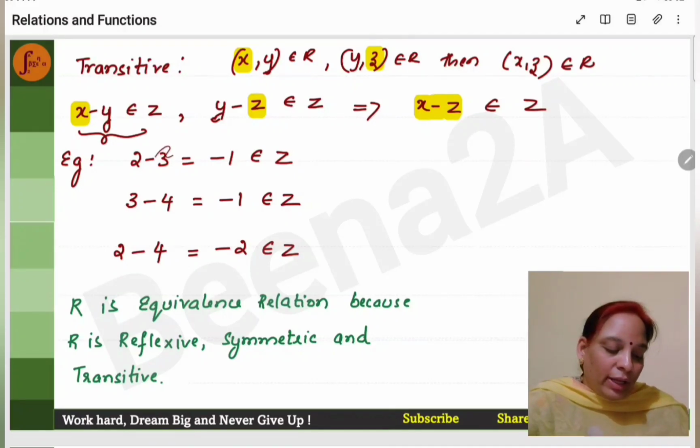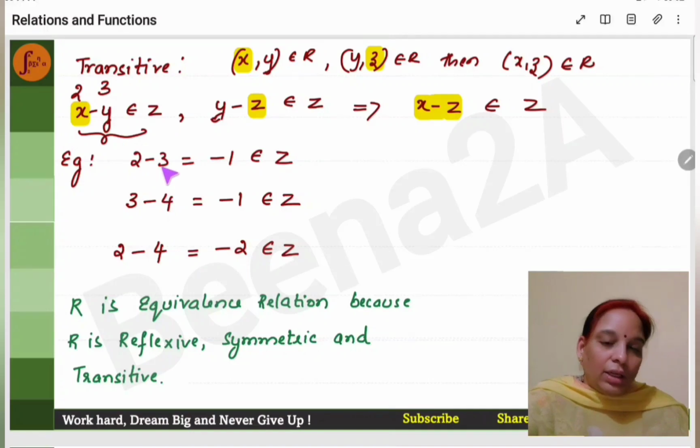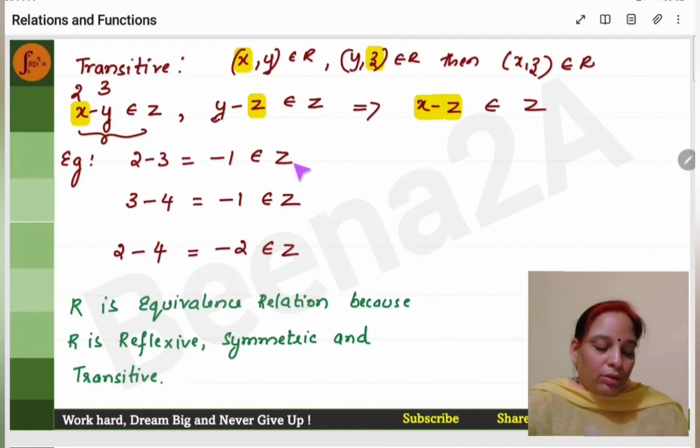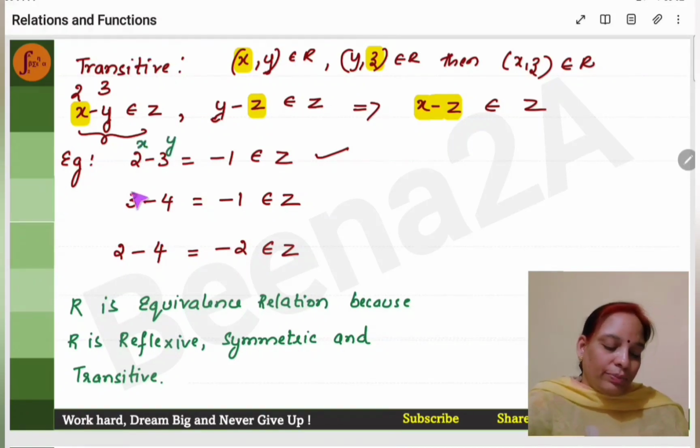Now let's take an example and figure it out. If I take x as 2 and y as 3, I'll get 2 minus 3 is equal to minus 1, which belongs to Z. Next is the yz combination. This is x, this is y. So I'll take y as 3 and z as 4. So 3 minus 4 is minus 1. Now what should happen? The xz combination. x is 2 and z is 4.